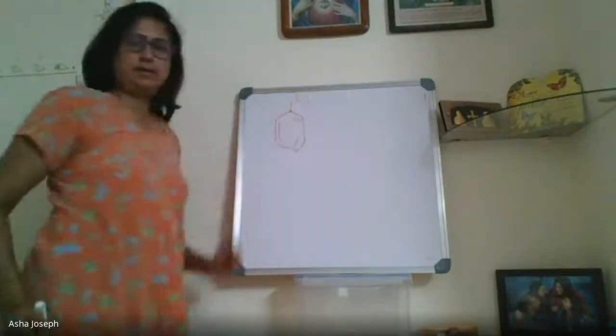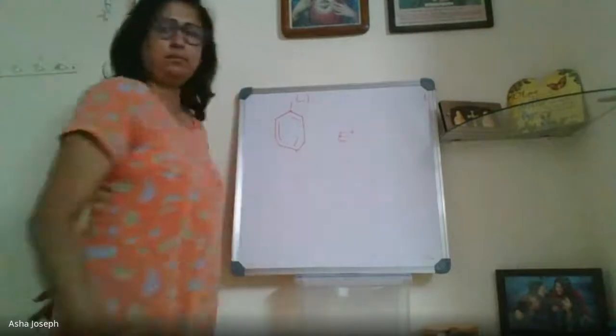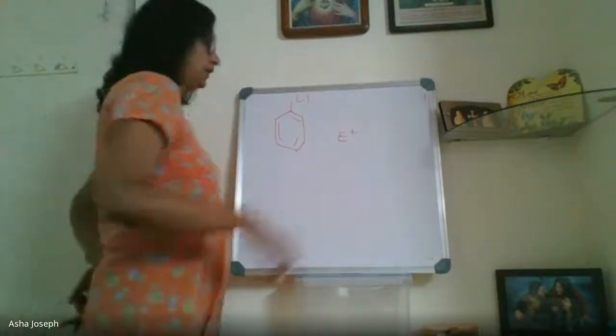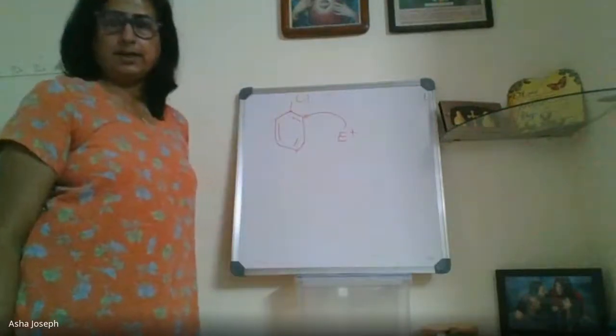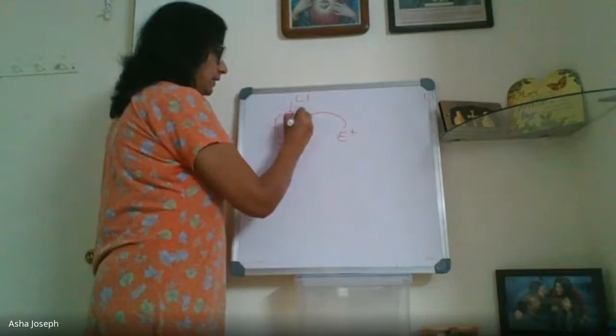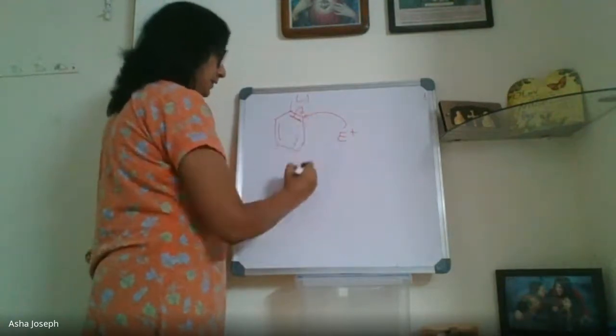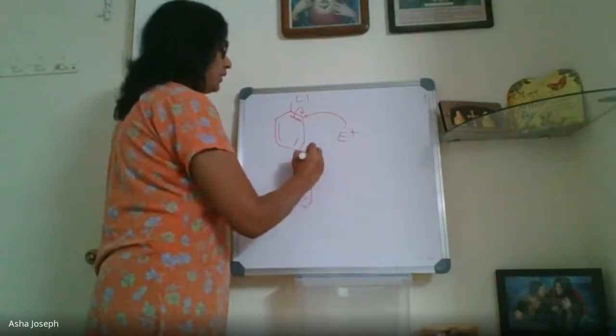This is chlorobenzene. Now the electrophile is positively charged. Suppose the electrophile comes and attacks here. How does the attack take place? This bond has to be broken and shift. When it shifts, it will happen like this. Chlorine is there.